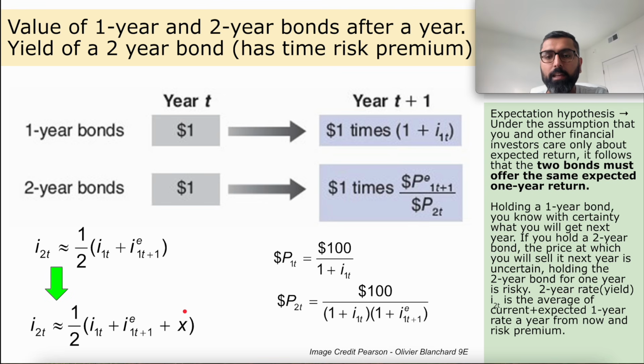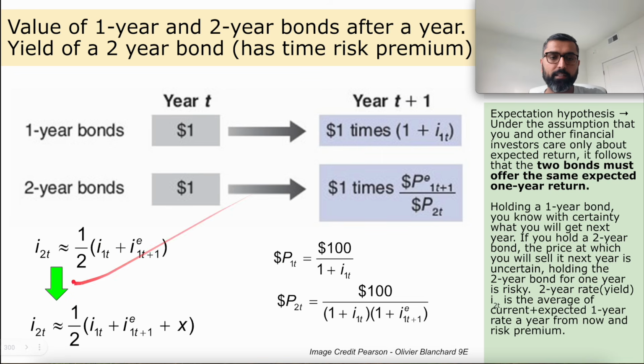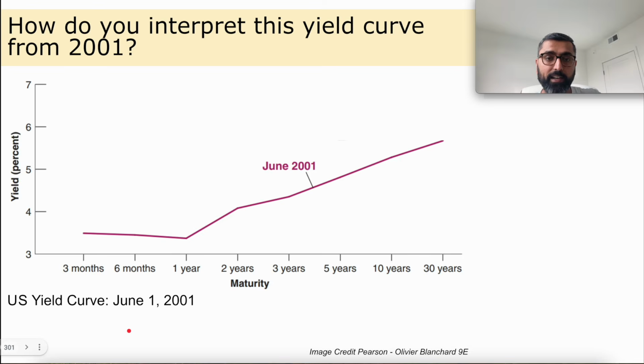Why is this important? Because if we look at different bonds with different duration, and you now plot this yield curve, knowing what this premium is and what the expected interest rate is connects to how we interpret the yield curve.